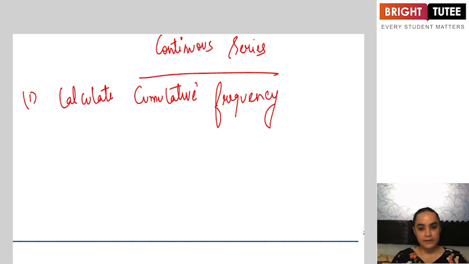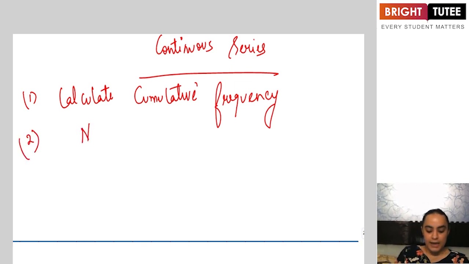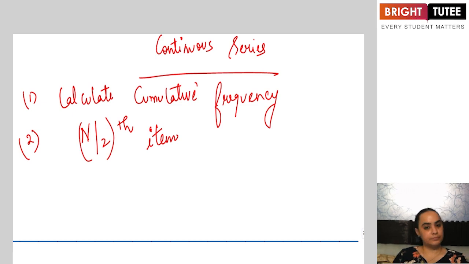That is the first thing I shall do. Next, I will calculate n by 2th term. After I've calculated the n by 2th term, I will get the median class.